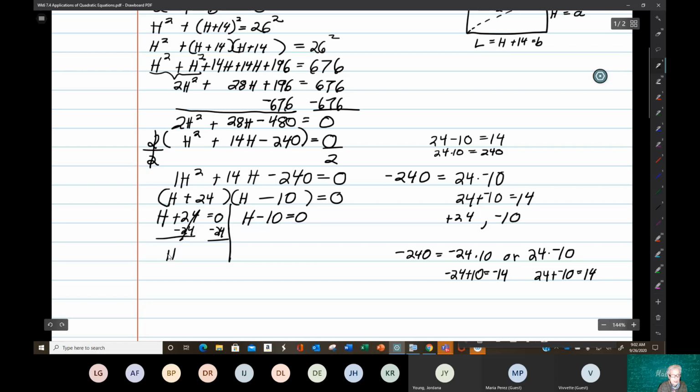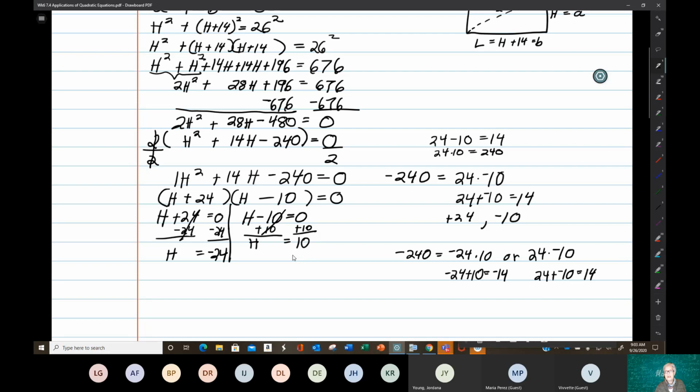That will leave me h on the left, and 0 minus 24 is negative 24 on the right. And then over here, I've got h minus 10 equals 0, so I add 10 to both sides. Negative 10 plus 10 is 0, leaving me with an h on the left. 0 plus 10 is 10. Now that's great.